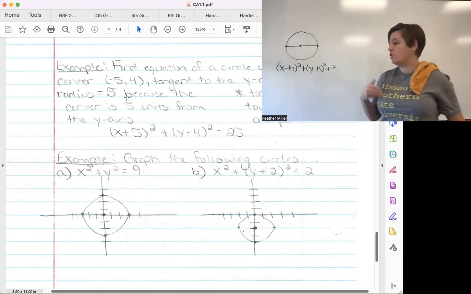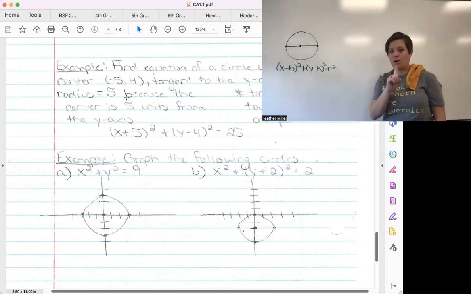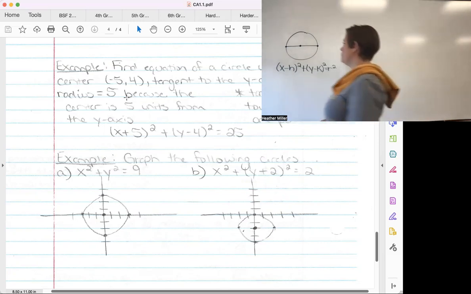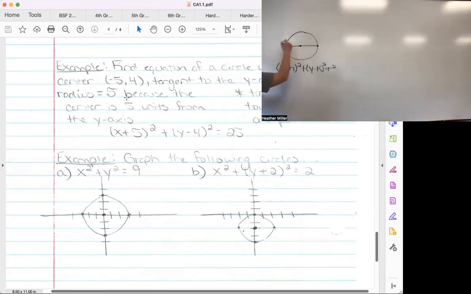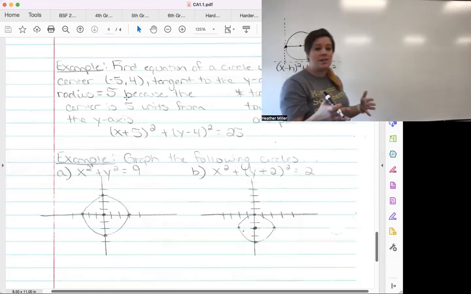So if you are touching at 1 point on the y-axis, then we can kind of think about, pretend like if this is drawn, this circle that I've kind of been playing around with, like this. But pretend like this dot right here lies right on that y-axis. That's what being tangent to means.